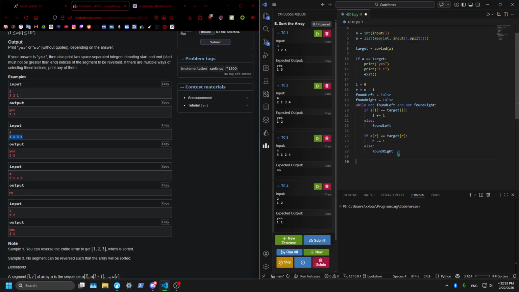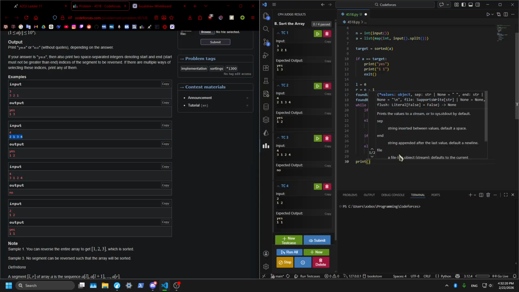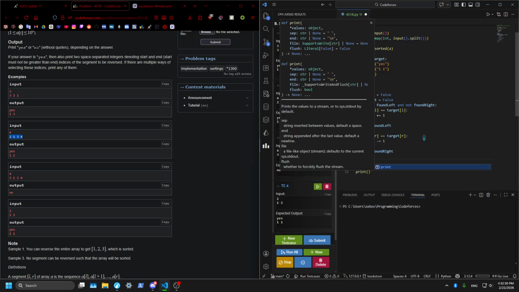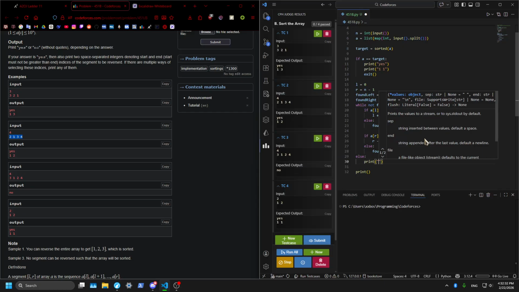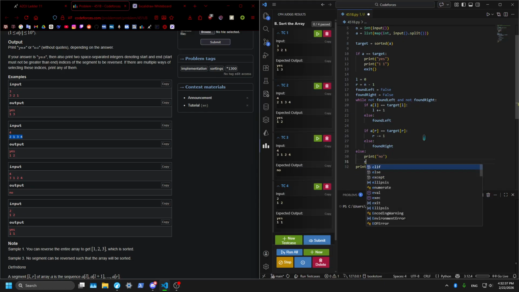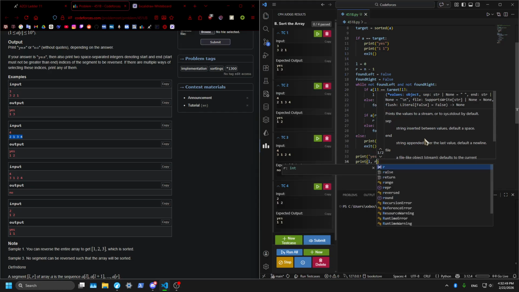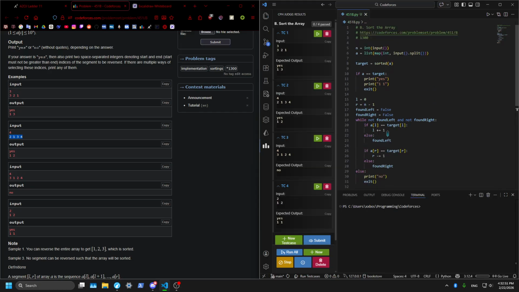And then we just print else, print no, exit. Print yes, print L R. Something like this.